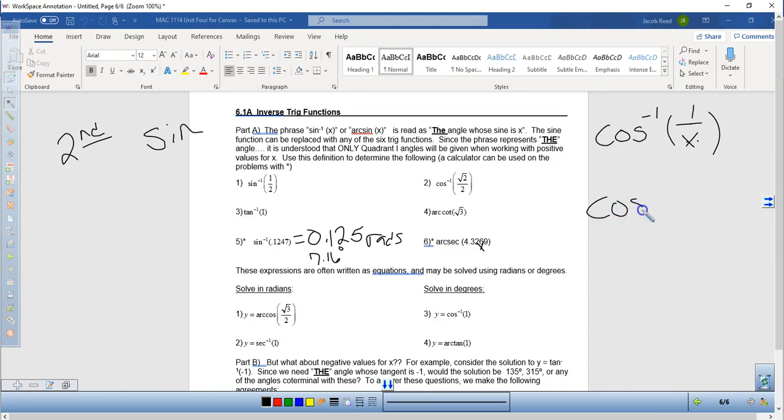So I'm going to have cosine inverse, and I'm going to do 1 over 4.3269. My calculator is still set in degree mode, so in degrees, it's going to be 76.64 degrees. Let me switch over to radian mode so we have them both.